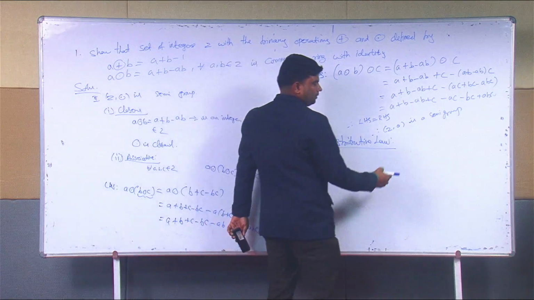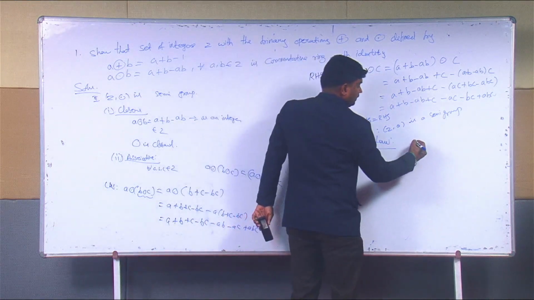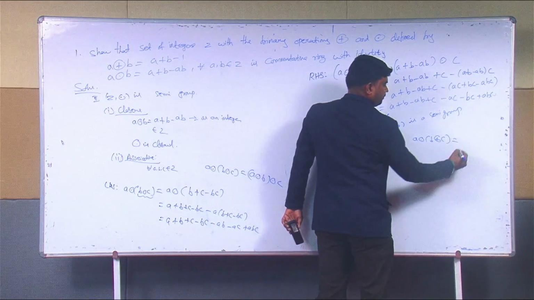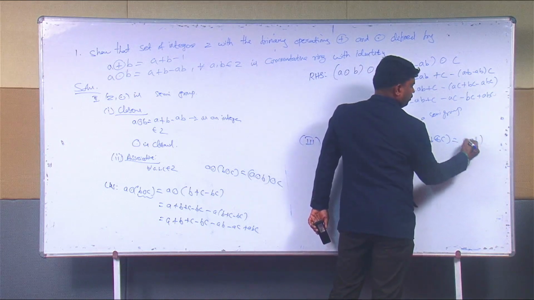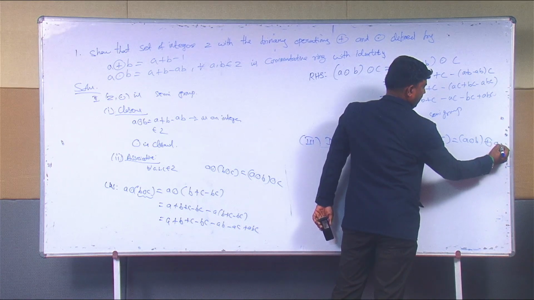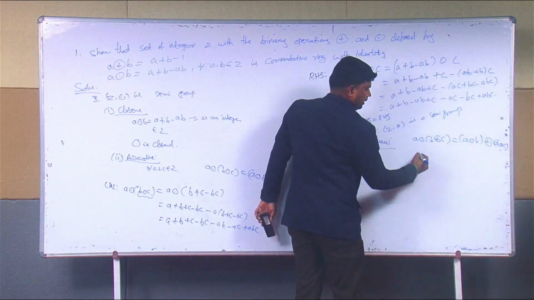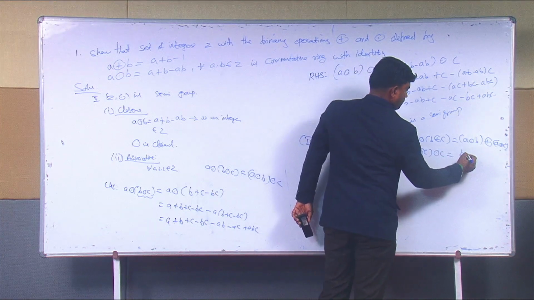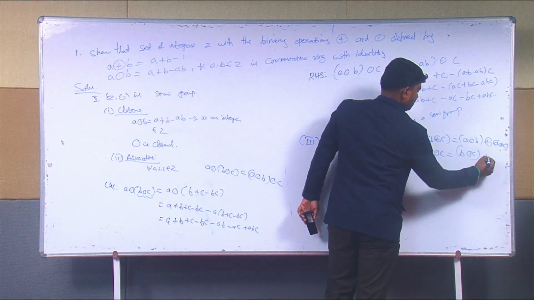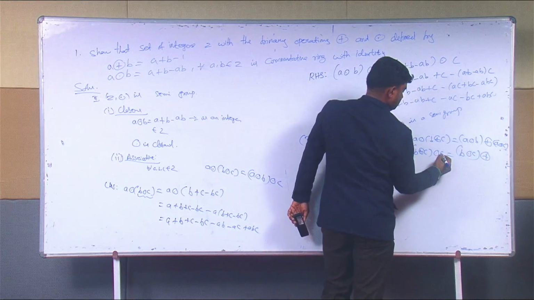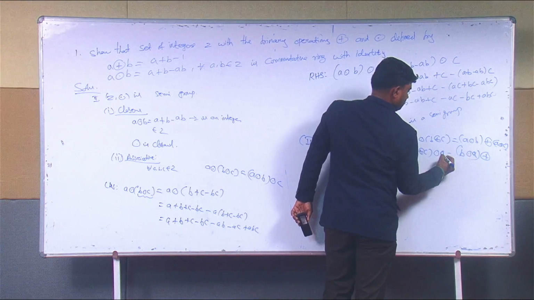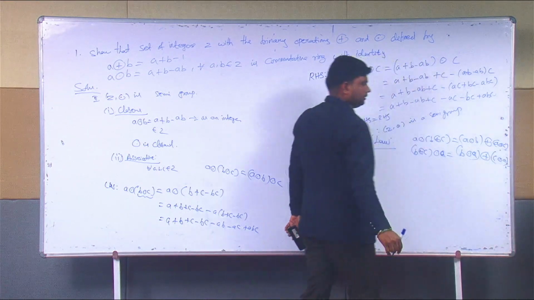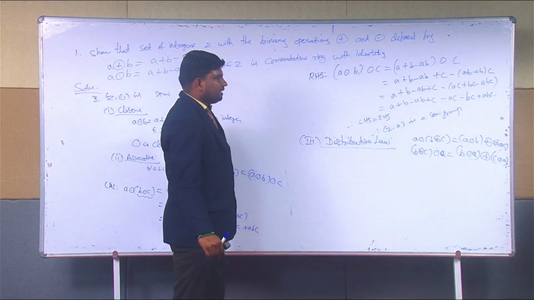The distributive law contains two laws: A multiplication modulo, B addition modulo C, equal to A dot B addition modulo A dot C, and B addition modulo C dot A is equal to B dot A plus C dot A. So now verify the first axiom.